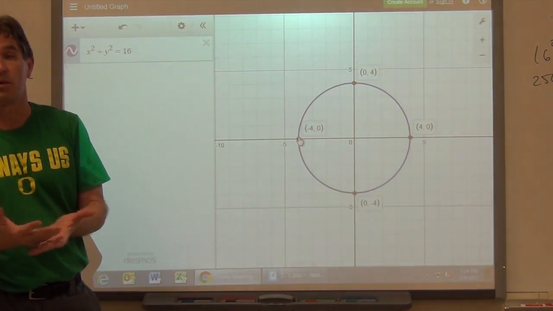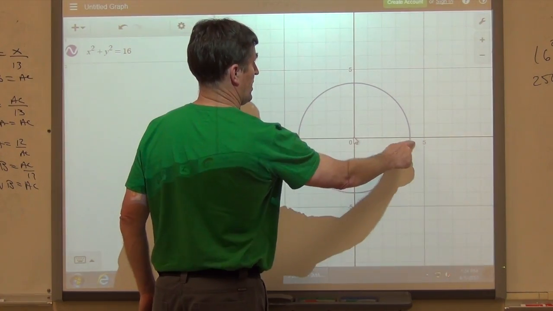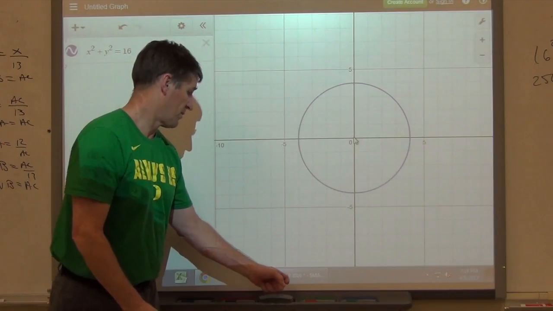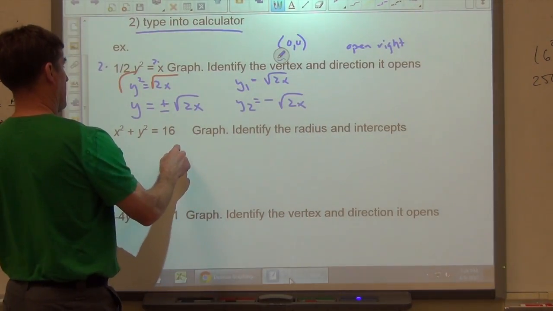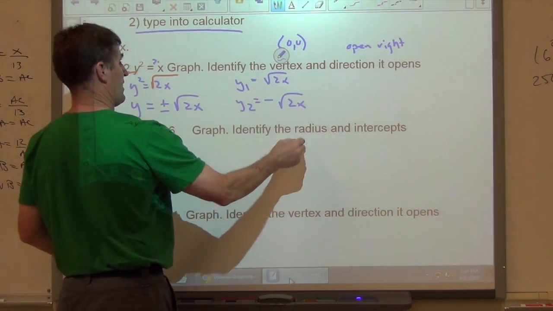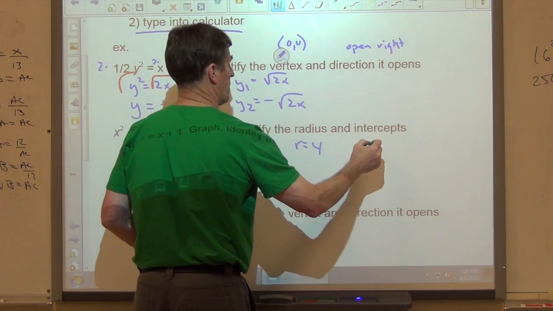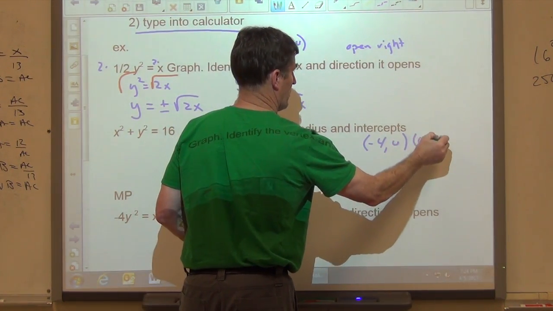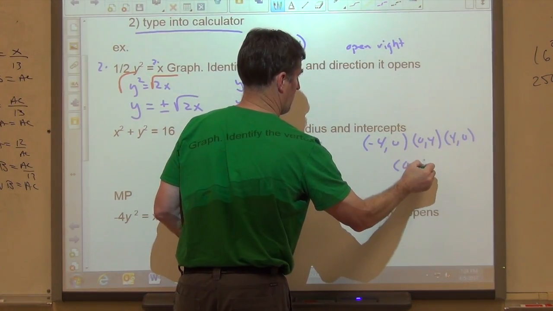And then they ask you to tell what the radius is, which is pretty easy also, since the center is at 0, 0, and it's out to 4, so the radius would be 4. And so all you have to do on those is go through and identify the radius, which would equal 4, and our intercepts again were -4, 0, 0, 4, 4, 0, and 0, -4.